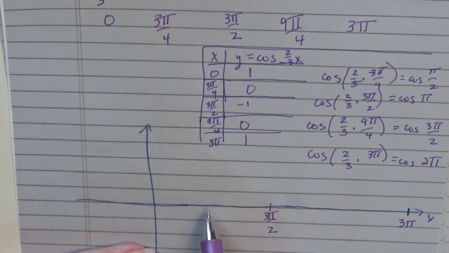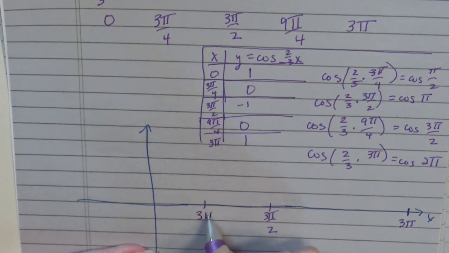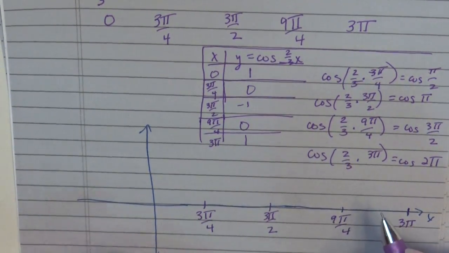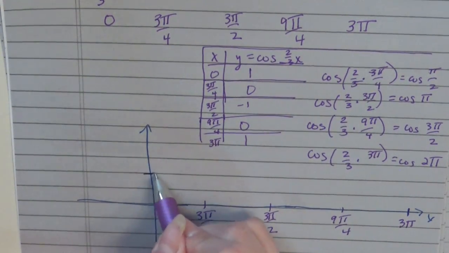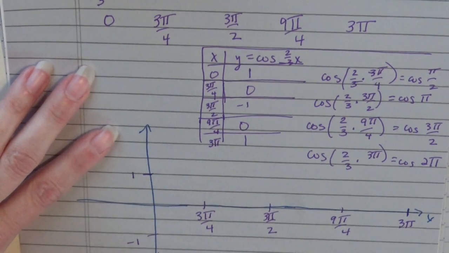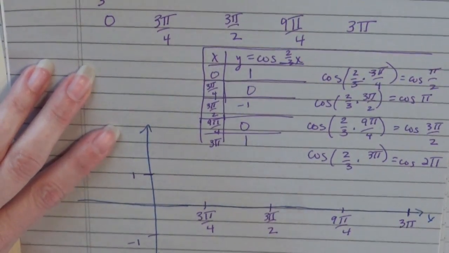And then halfway from here would be 3 pi over 4. And in between these two we would need 9 pi over 4. And we're going to put in 1 and -1 on the y-axis, because that's the max and the min.